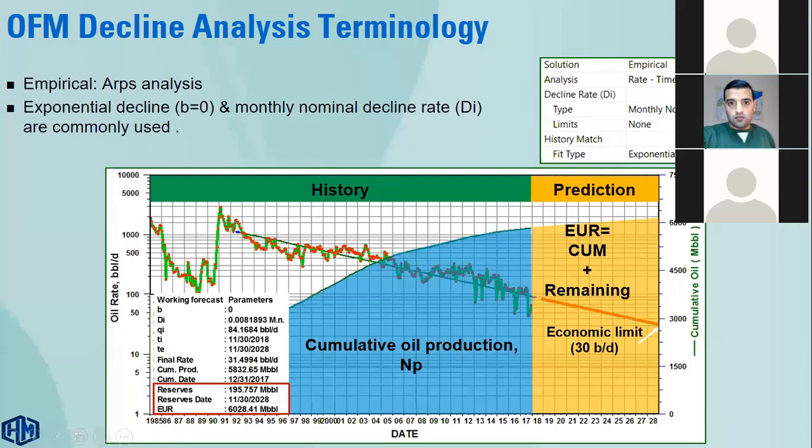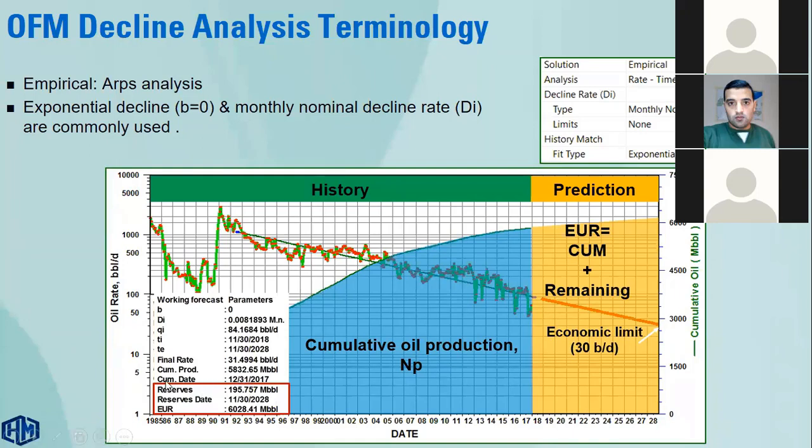As you can see, this is just a snapshot of the tools available in OFM. The solution is empirical or Arps equation, the decline rate or Di, and the history match for this part of our well lifetime. The fit type is exponential, which means the value of b is 0. So as you can see in these results, we have b equals 0.